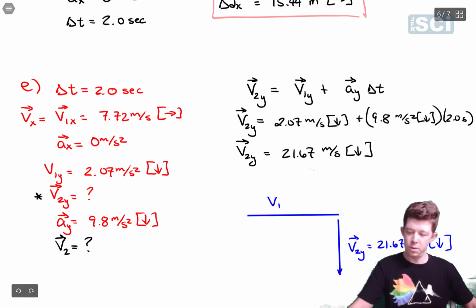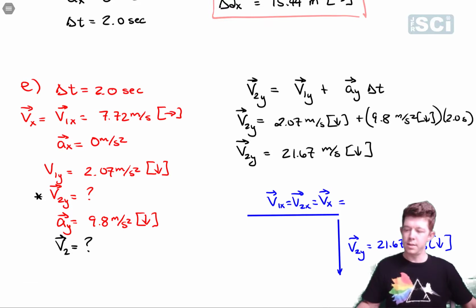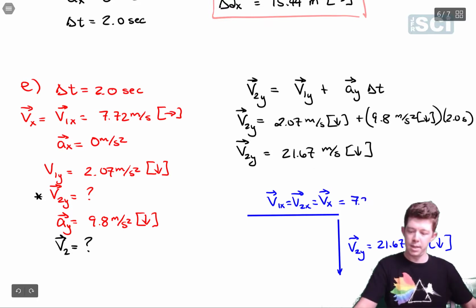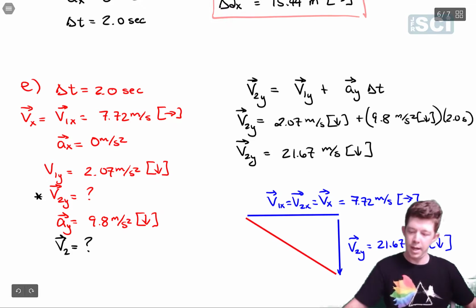My initial horizontal, which is the same as my final horizontal, which I'm just calling Vx, and I'll put little arrows above all of these because they are vectors, is going to stay at 7.72 meters a second, and we're going to say that that remains horizontal. So I want to determine this. I want V2.